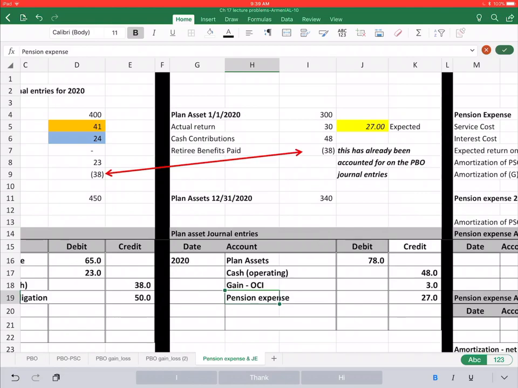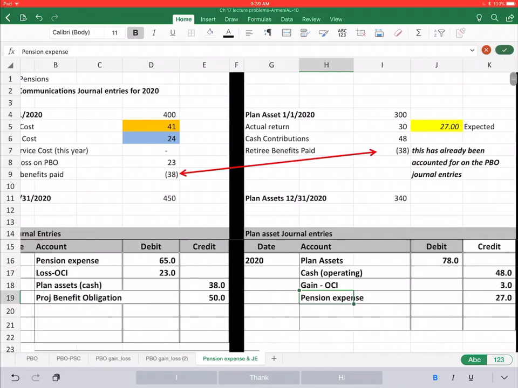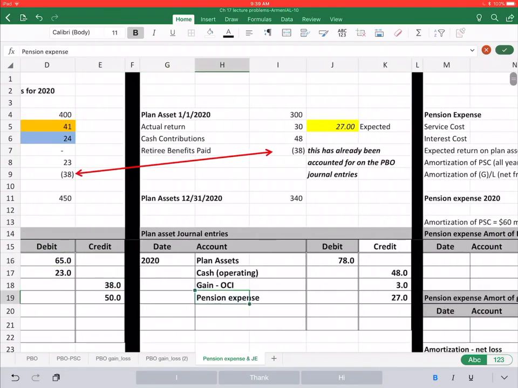We credit pension expense because what we are essentially showing is that yes, over time we had pension expense of $65 million because these individuals continued to work for us, continued earning their retirement benefits. But because we were smart with our plan asset fund and we invested it in an appropriate way, that is going to have a decreasing effect on our overall pension expense.